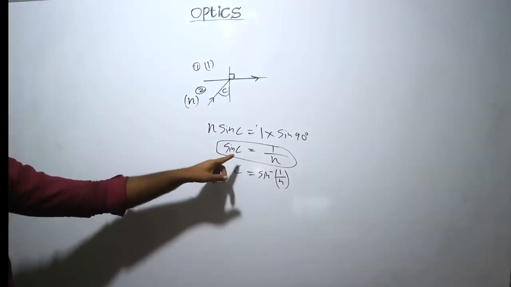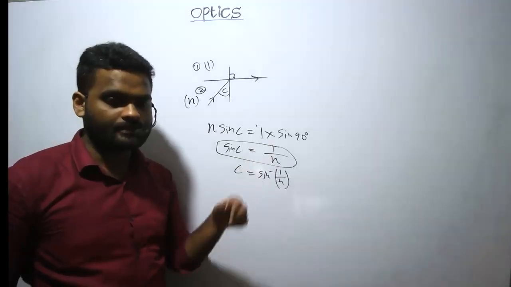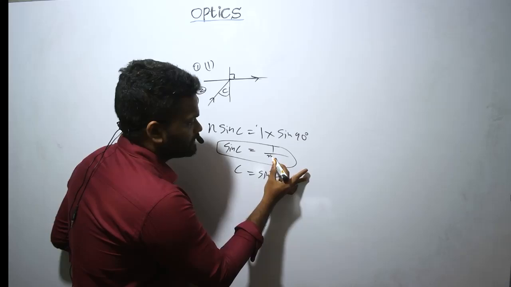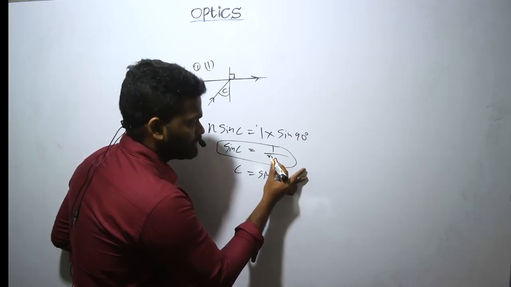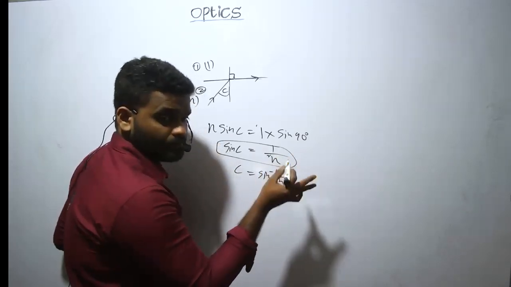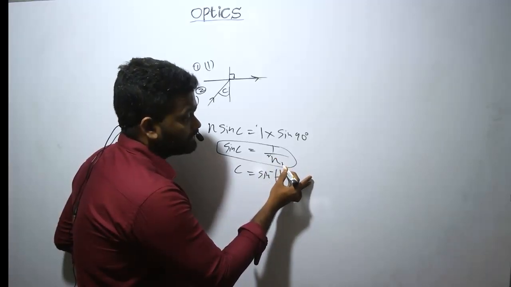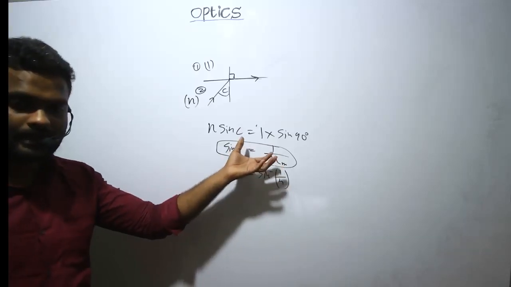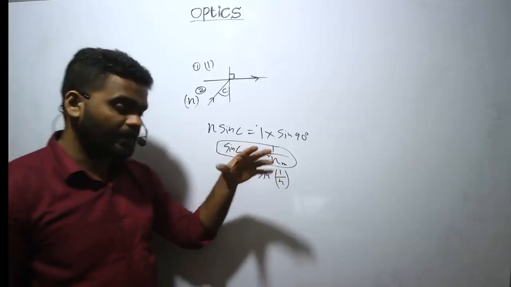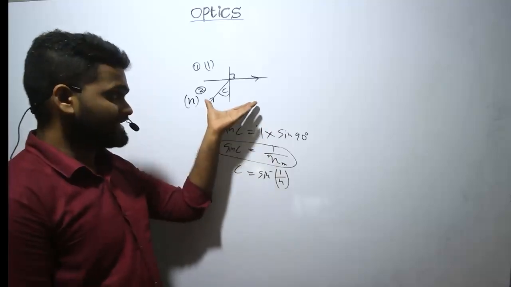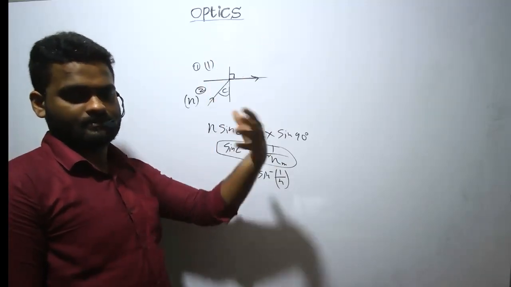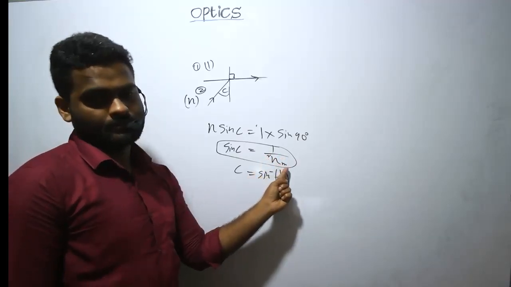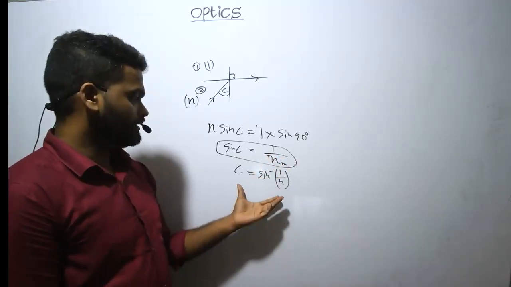Here n is always the refractive index relative to the rare medium. Actually this is derived for air, but for any two mediums we can derive that. But this has to be dense and this has to be rare, otherwise the critical angle cannot happen. Okay, take it down.